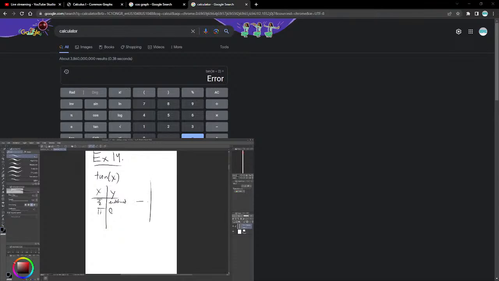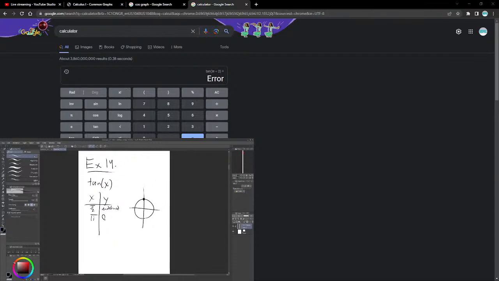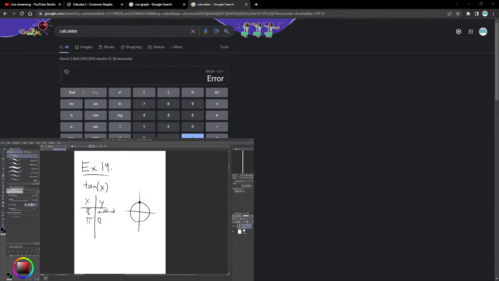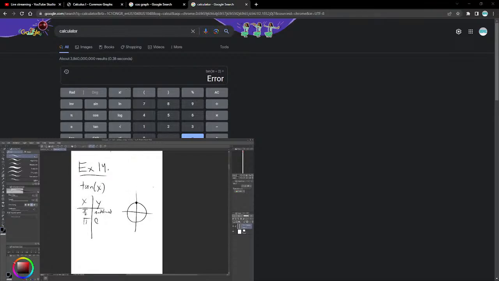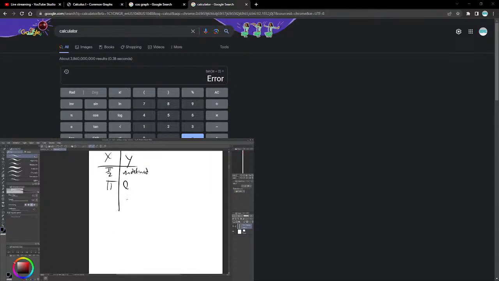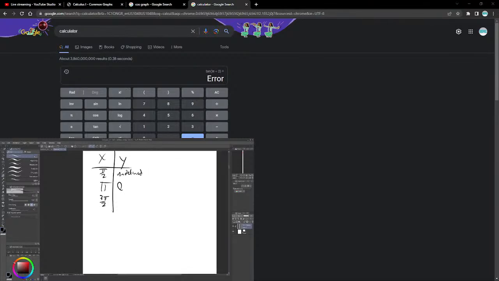Because that would be like this point in the unit circle. Since tan is sine over cosine. It's 0, 1. So it'd be 1 over 0, which is undefined. Okay. And then 3 pi over 2. Would that be 1? Or wait. Negative 1?